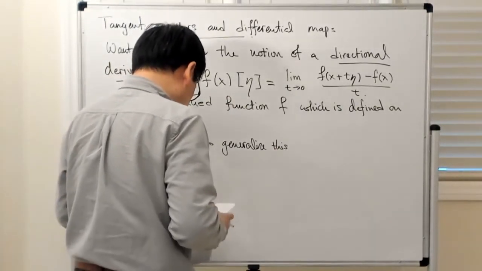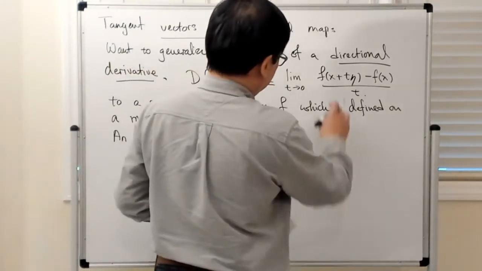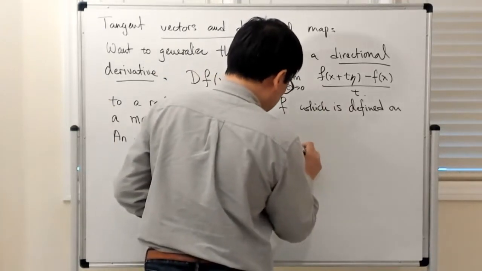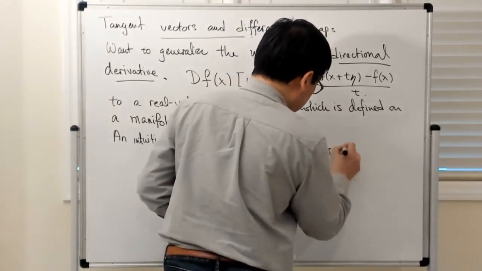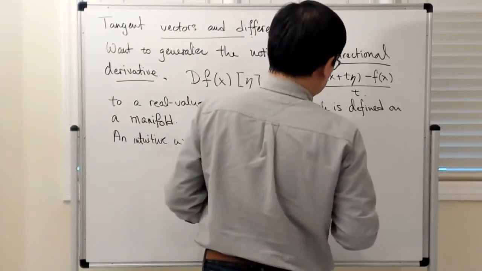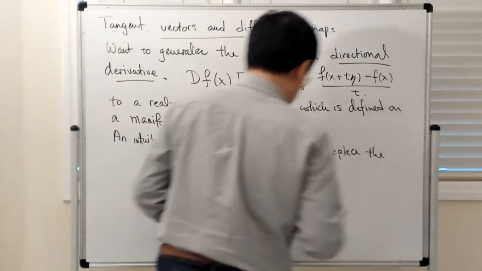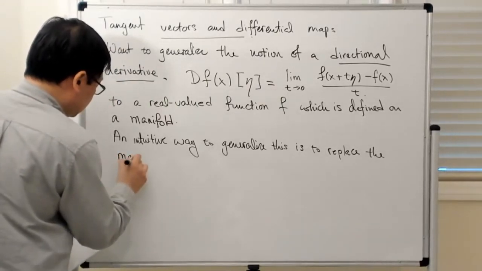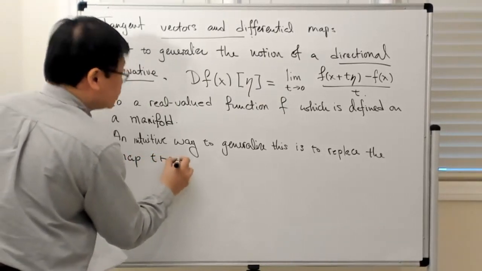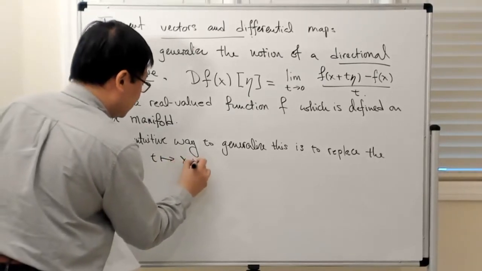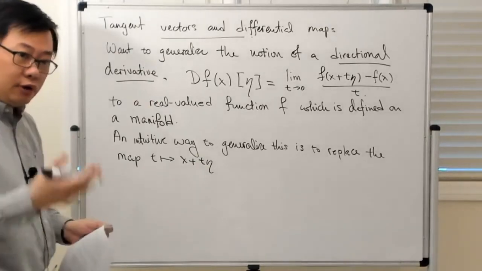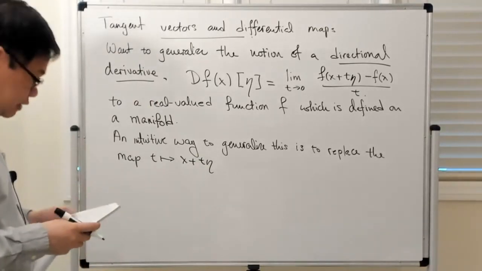It is to replace this map, t maps to x plus t eta, with some sort of curve on a manifold.